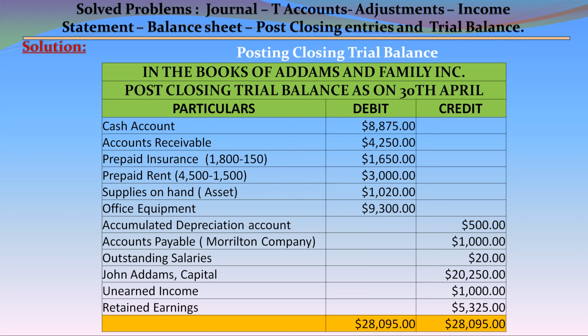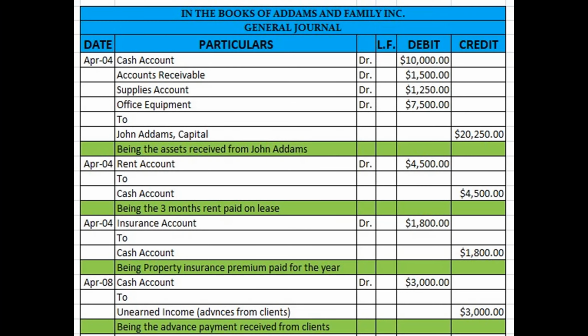Accounts payable account credit 1000. Outstanding salaries credit 20. John Adams capital 20,250. Unearned income 1000 credit. Retained earnings credit 5325. Total debits in the post closing trial balance is 28,095 and total credits on the post closing trial balance is 28,095.